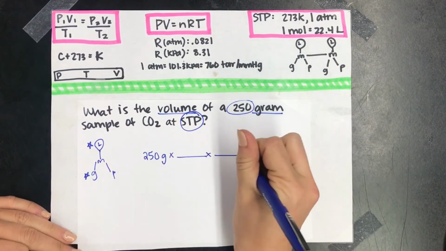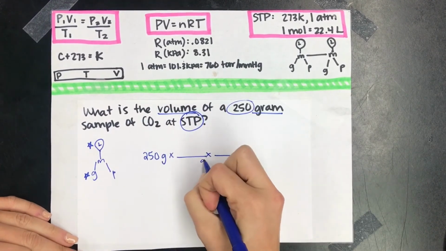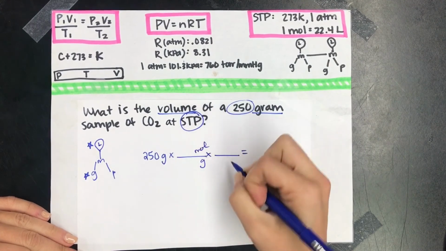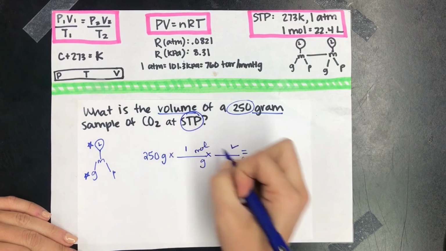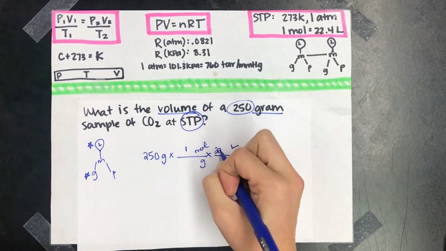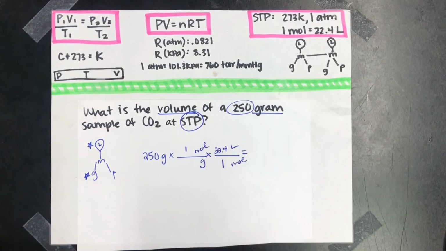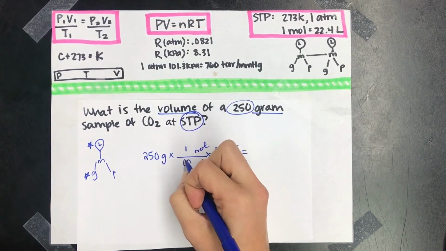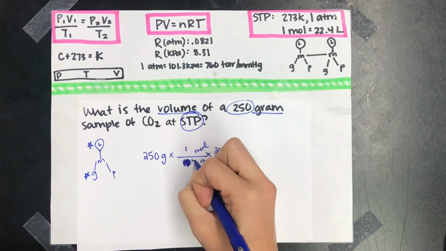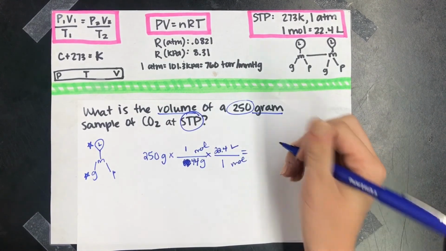And now y'all do your stoich thing. We have grams here, mole, liters. Mole is going to be 1, liters, 22.4 liters for every 1 mole at STP. Grams is the molar mass of CO2, which is 44 grams.